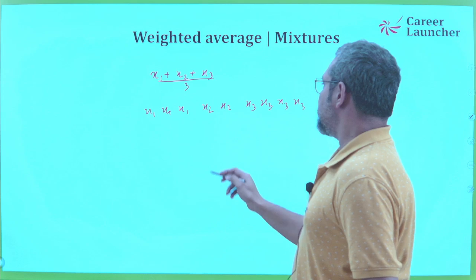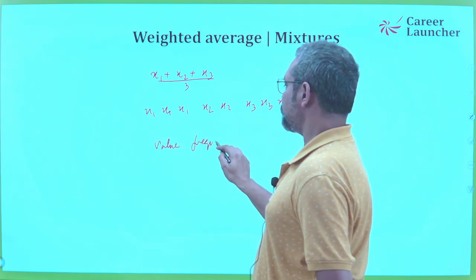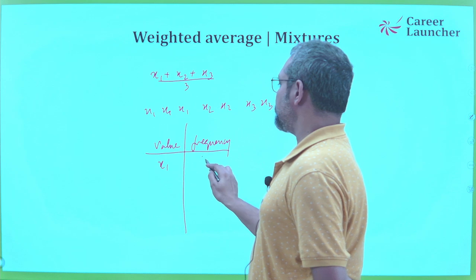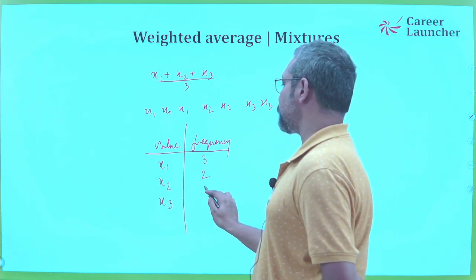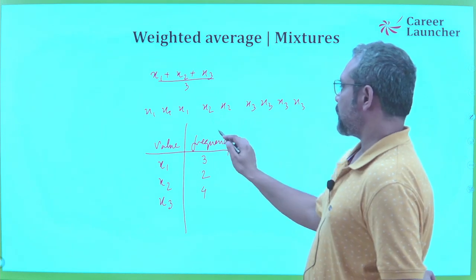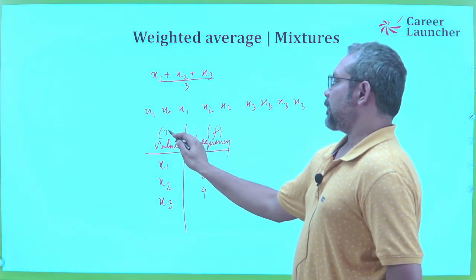But this basically means that the value x1 repeats thrice, x2 repeats twice, and x3 repeats 4 times. This 3, 2 and 4, we call the frequency, denoted by f, and this value denoted by x.